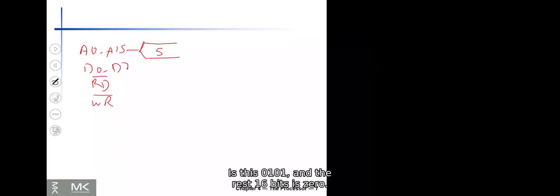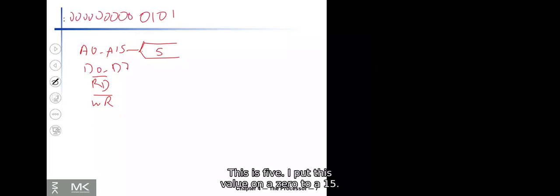What is 5? 5 is 1, 0, 1, and the rest of the 16 bits are 0. I put this value on A0 to A15. So A0 is 1, A1 is 0, A2 is 1, and the rest are 0. So this value is now put on the address bus.